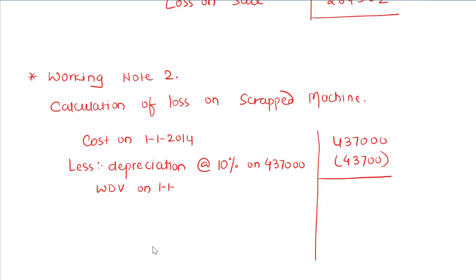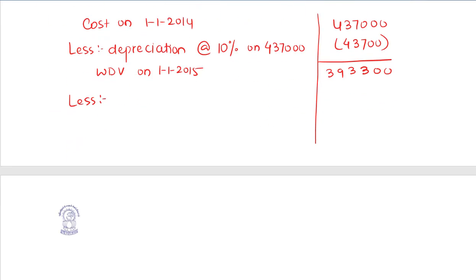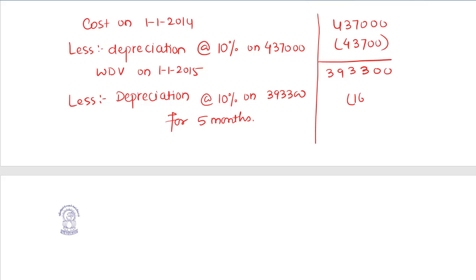Written down value on 1st of January 2015, 3,93,300, less depreciation at the rate of 10% on 393,300 for 5 months, 16,388.